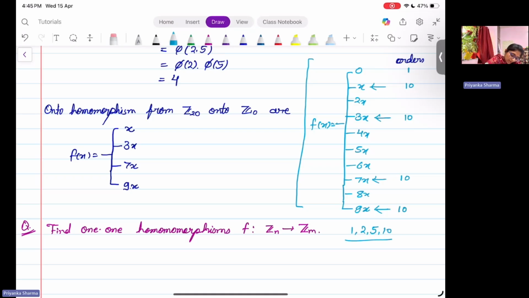So we have one element of order 1, one element of order 2, four elements of order 5, and four elements of order 10. Here 5 is an element of order 2, and the remaining elements have order 5. You can check: we need to add it to itself at least 5 times so that we can get a multiple of 10.